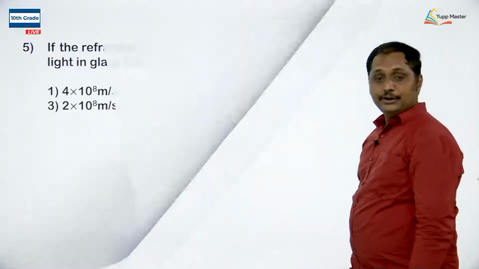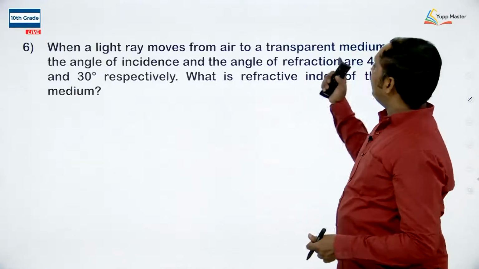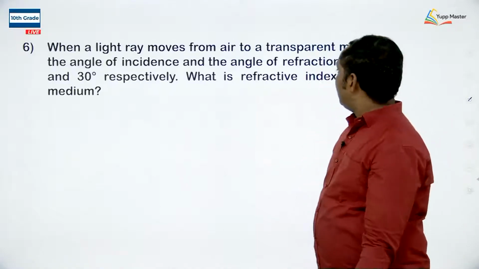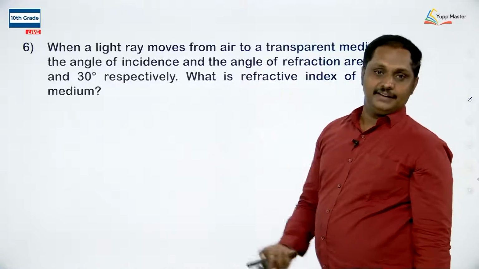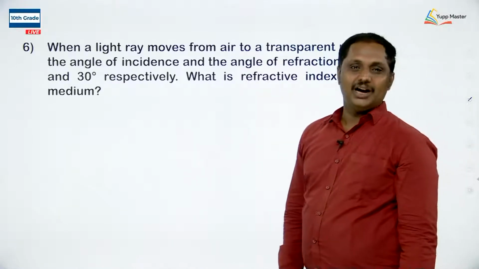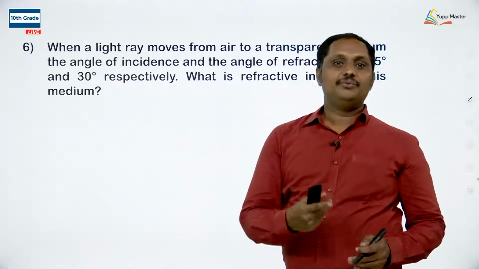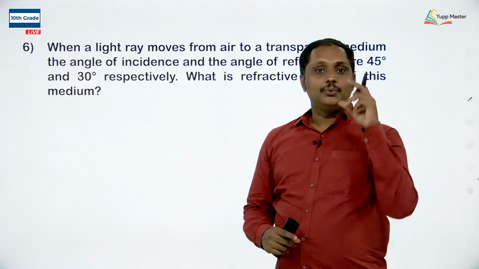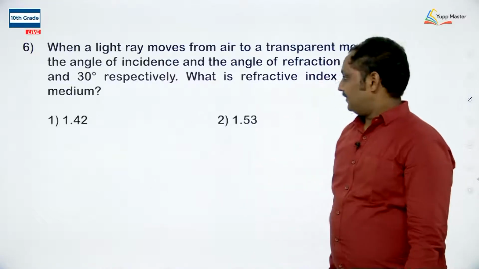Now, you have to look into another question. When a light ray moves from air to a transparent medium, they have given the angle of incidence and the angle of refraction as 45 degrees and 30 degrees. What is the refractive index of the medium? If you know the angle of incidence and angle of refraction, then you can calculate the refractive index of that material by using Snell's law.